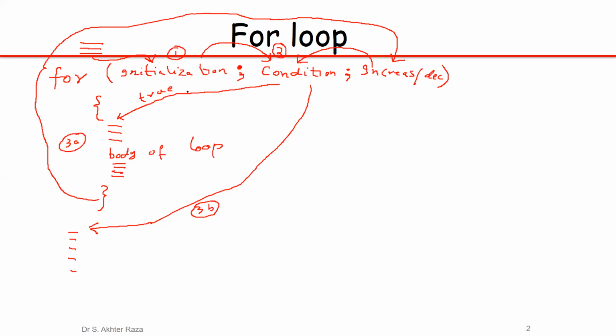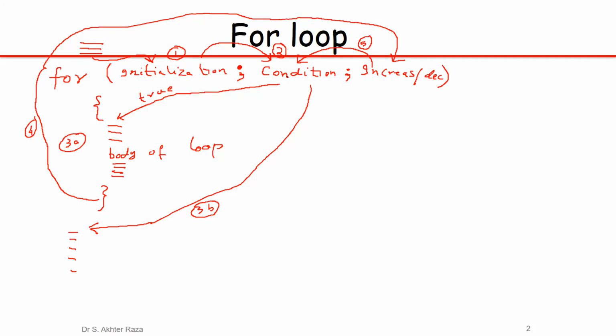Acha, if 3A is executed, it comes inside the loop. When this bracket comes, this is the fourth statement, it goes back to the increment. This is the fourth step where the increment or the decrement is performed. And after increment and decrement, this is the fifth step where the condition is tested again.